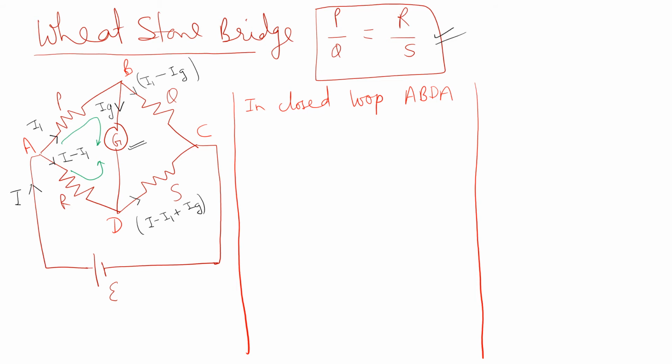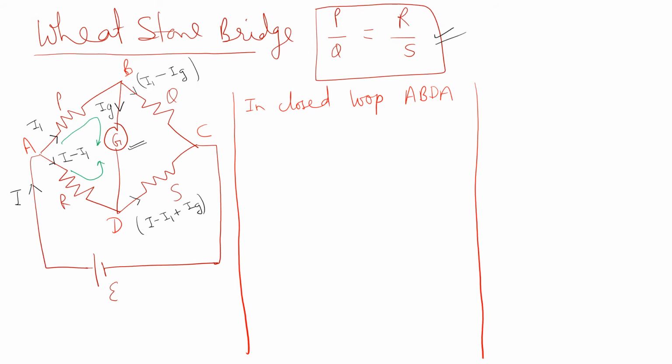So let us assume, just for the sake of simplicity, that current in the clockwise direction is positive and anti-clockwise direction is negative. No matter whether you choose anti-clockwise positive or the other one, because the equation that you will obtain finally will be the same.